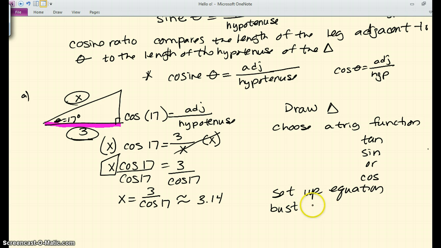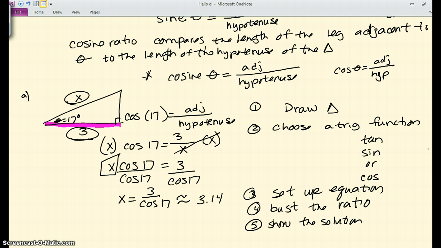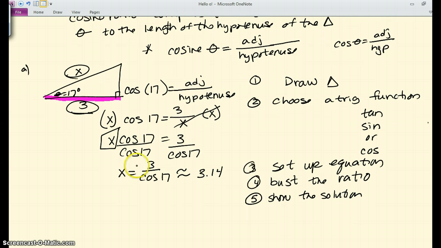These are all ratio problems. And show the solution in both an exact form and an approximate form.